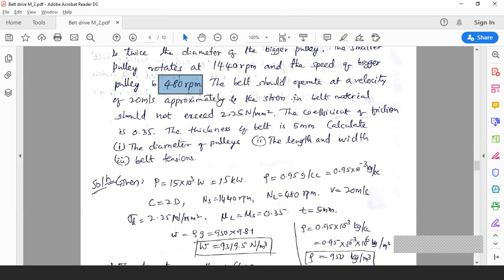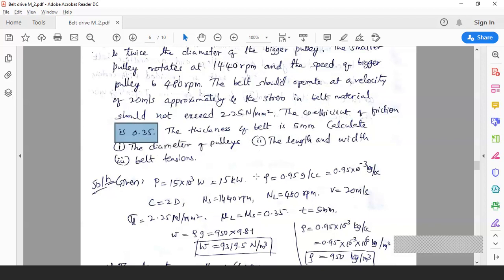The approximate velocity is given as 20 meter per second. Stress induced in the belt material is 2.25 Newton per mm square, the static stress. The coefficient of friction between the belt and the pulley surface is 0.35.